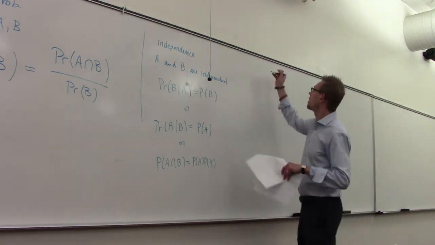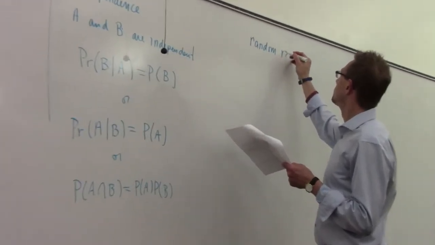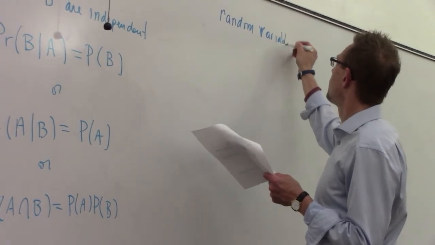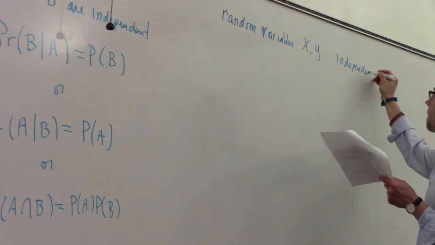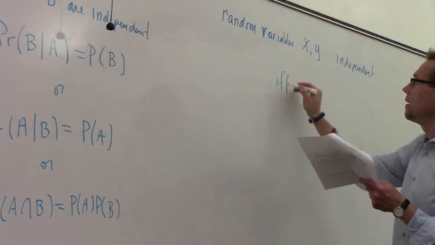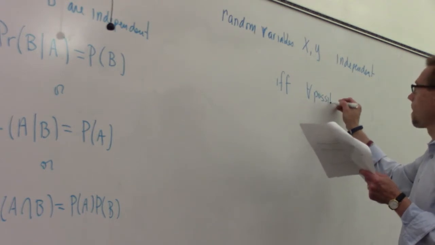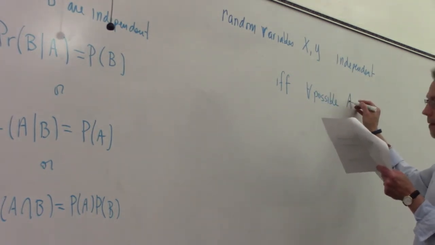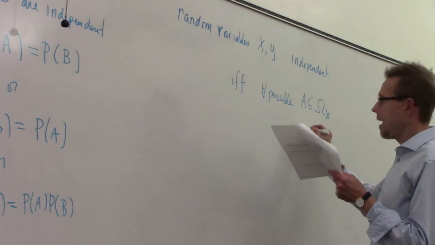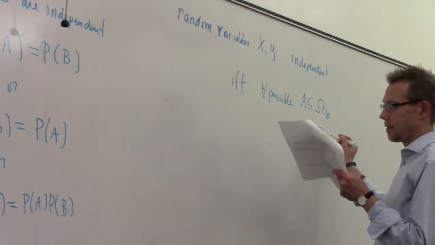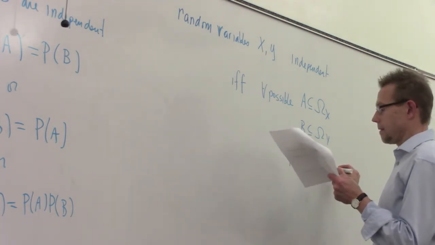Similarly, we talk about two random variables, X and Y. We say these are independent if and only if, for all possible events A and B subsets of this, the probability of A intersect B is equal to the probability of A.